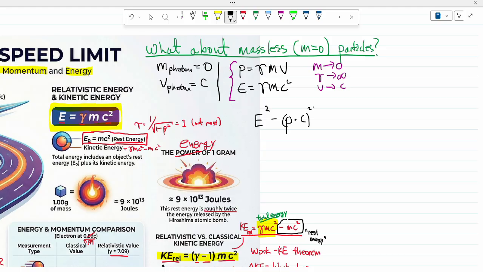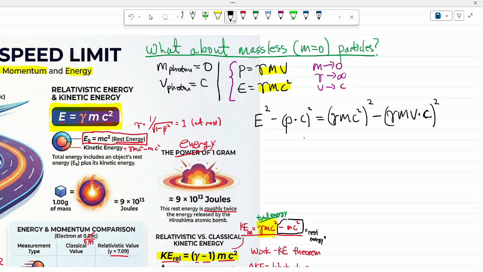Just a combination, nothing stops me from plugging in these expressions and seeing what that looks like. So this expression equals, plugging in the expression for E, (gamma mc squared) whole thing squared, minus (gamma mv times c) whole thing squared.